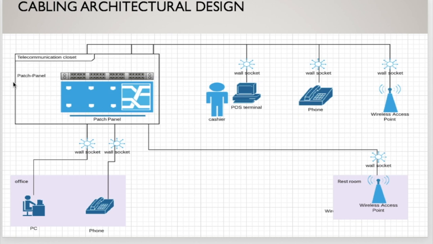In the telecommunication closet, they will have a patch panel with multiple ports, and all the cables coming out will be put in the right ports of the patch panel. They go underneath the wall to the terminals, for example point of sale terminals or the phone at the reception.